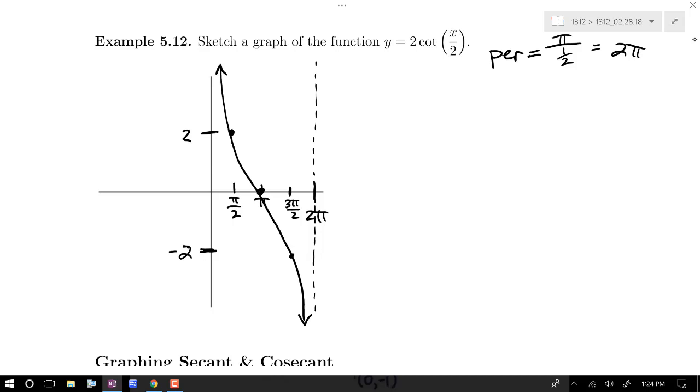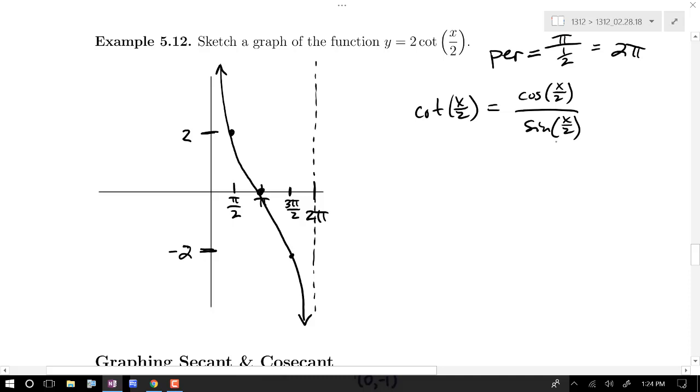Yes? How did we know that those are the asymptotes again? Because cotan of x over 2 is cosine over sine, so cosine of x over 2 divided by sine of x over 2.